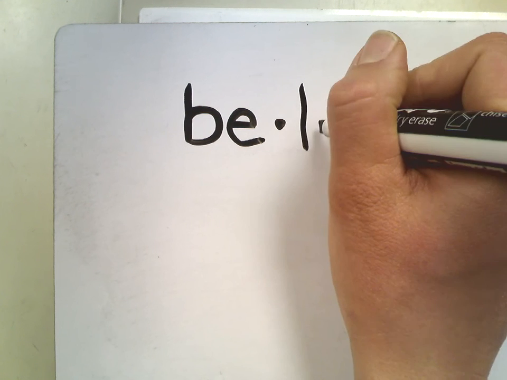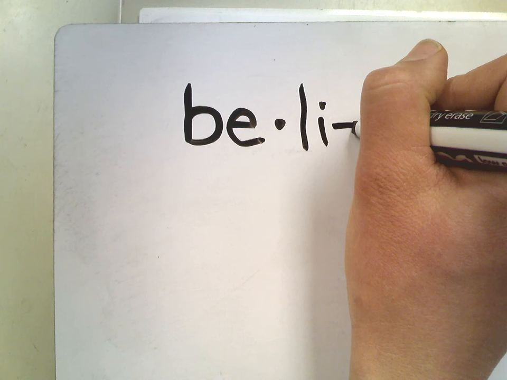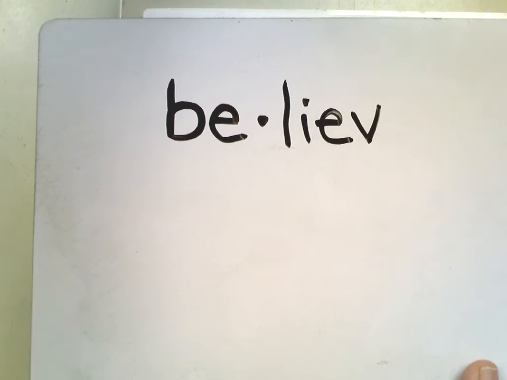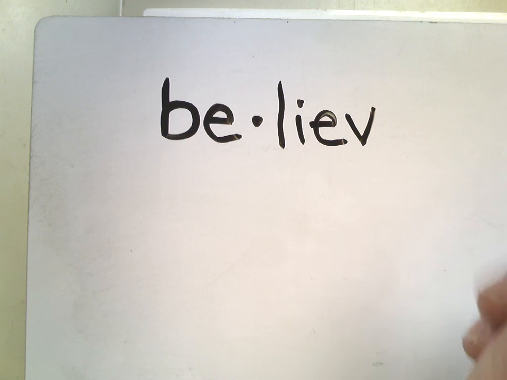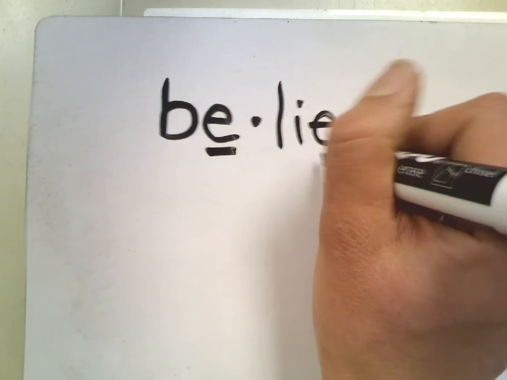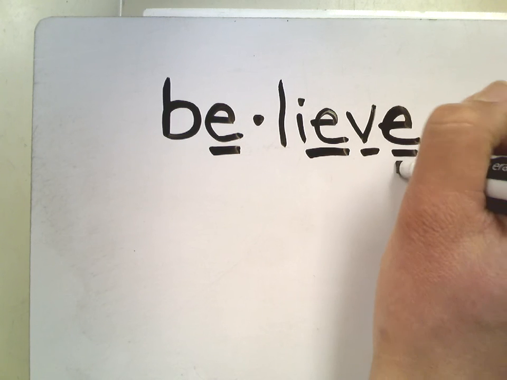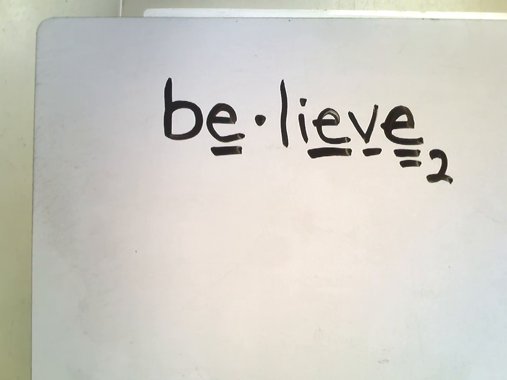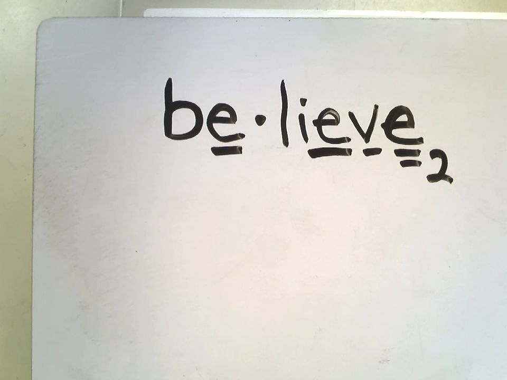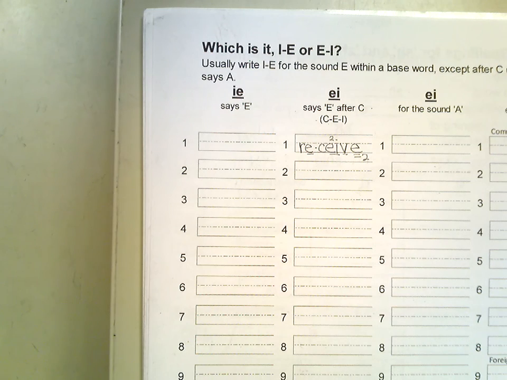Good, E-I. We say E-I, but we write I-E. What do I have to add, class? Silent final E, job 2. Make sure yours looks like this.